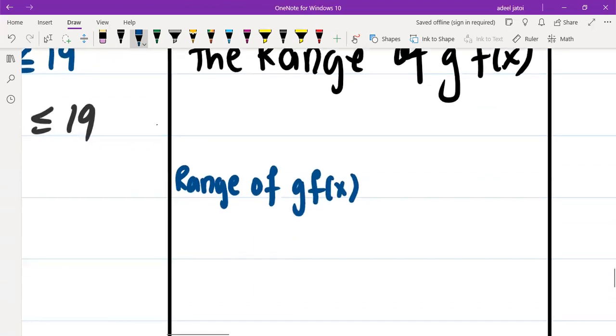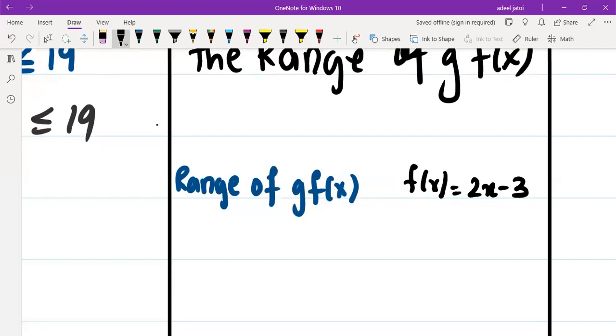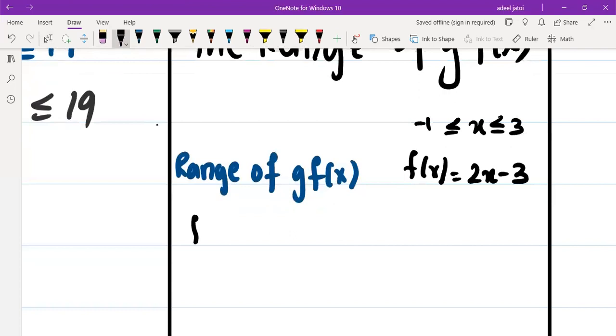Your f(x) was 2x minus 3, and the domain was given, which was minus 1 and 3. So f(minus 1), 2 times minus 1 minus 3 becomes minus 5.